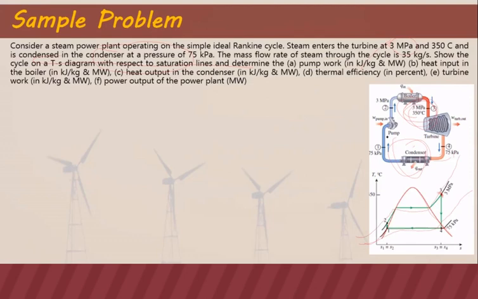And then it enters the pump, where from 75 kPa, what the pump does is increase the pressure of the fluid. So from 75 kPa, it becomes 3 megapascal. So now it is in the subcooled region before it enters the boiler, and then the cycle continues.